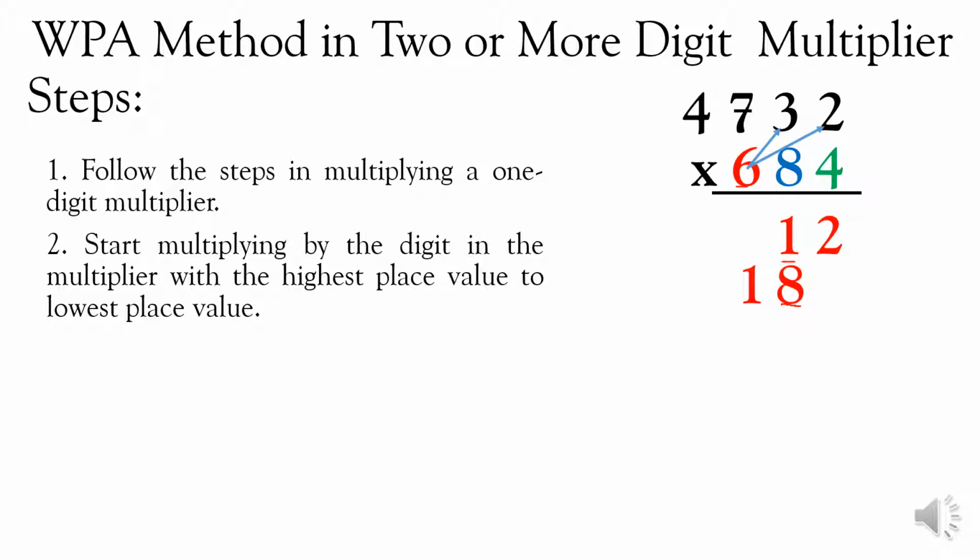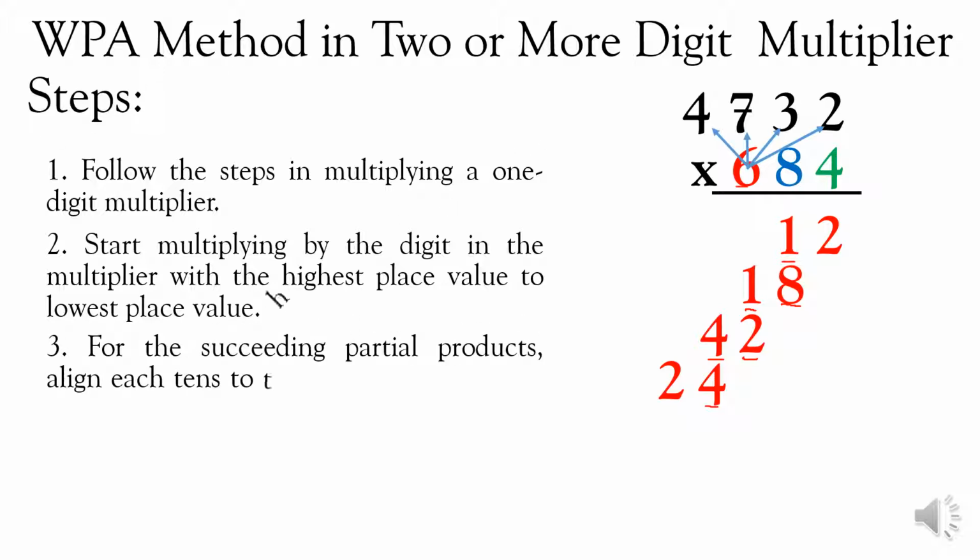Then the next digit to be multiplied by 6 will be 7, which gives us 42, aligning the ones of it, which is 2, to the tens of the previous product, which is 1. Then the next digit to be multiplied by 6 will be 4, which gives us 24, aligning the ones of it, which is 4, to the tens of the previous product, which is 4. We are through with the digit 6, and we will proceed to the digit 8.